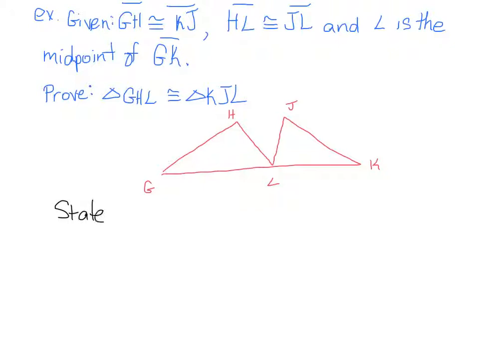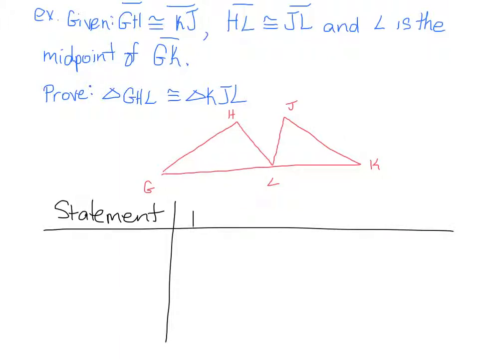So let's go ahead and create a 2-column proof table. We need, first of all, a statement. So we're going to make a list of statements, and then we're going to back our statements up with a reason. All right. So the first thing in a 2-column proof, you always want to start off with your givens. So a bunch of stuff is given.